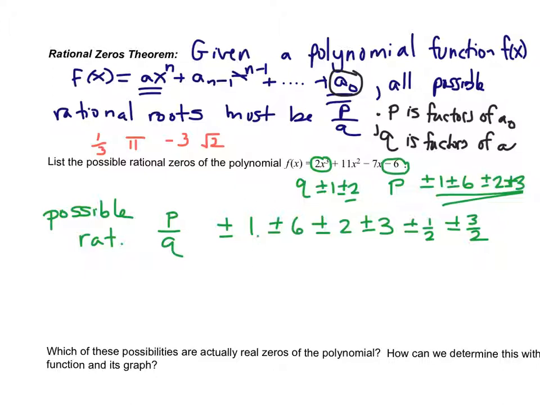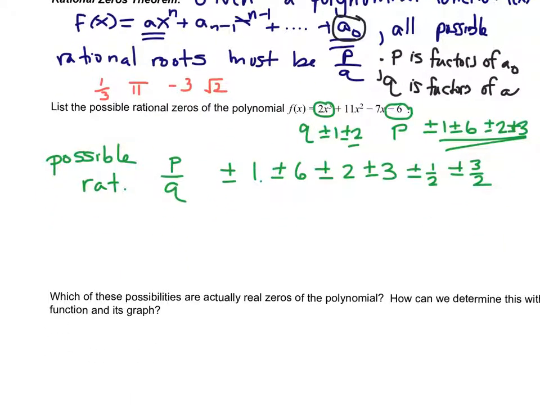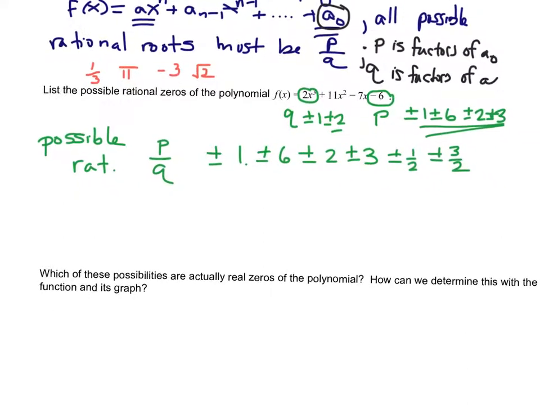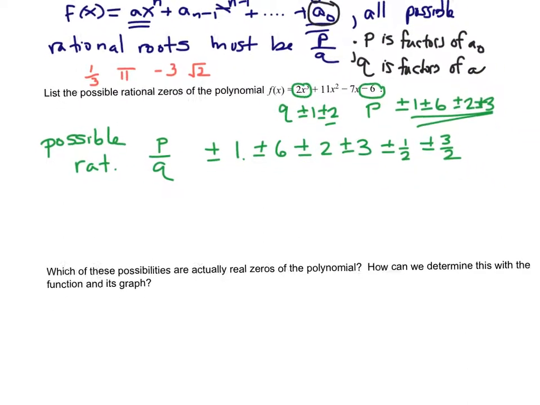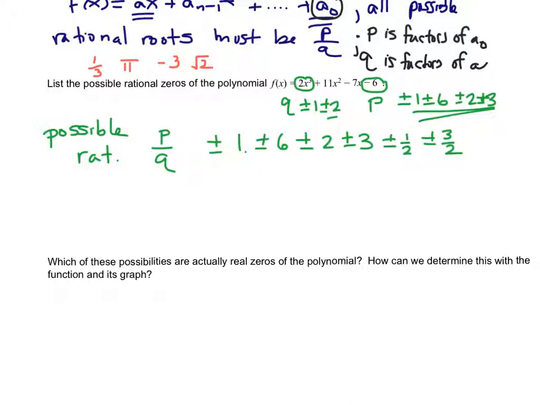Now the second question says, okay, what if they are, which of these are going to work? There's 12 of them. Which of these are going to be rational zeros, if any? The first idea is we can plug in each one and see which of them make the function equal to 0. Okay, that's a lot of work.